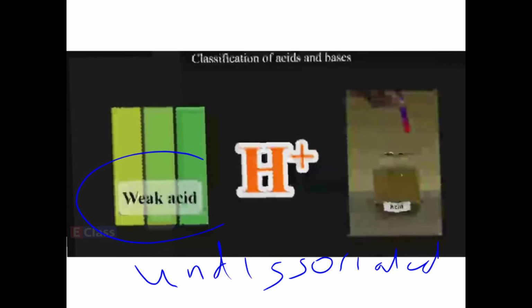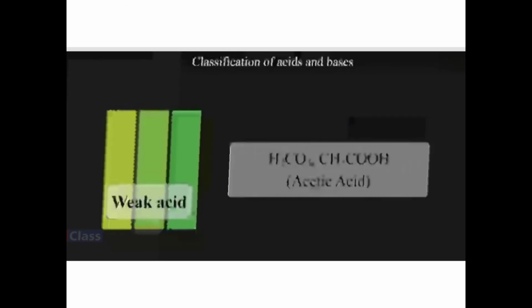Such things are called weak acids. They give H plus ions but not that much, because complete dissociation is not done. One of the weak acids we eat is acetic acid. Okay, so carbonic acid and acetic acid are weak acids. Normally we can eat these weak acids.